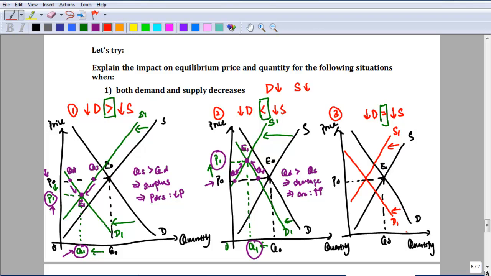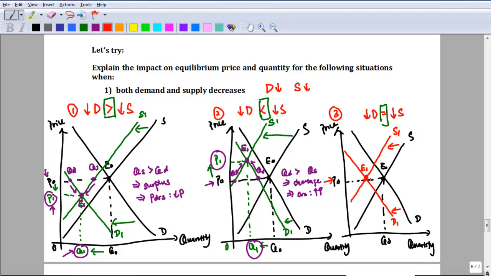From this diagram you can see very clearly that your two curves intersect at this point here. So this is your new market equilibrium point E1. Now, you notice that your price remains unchanged at P0. Why?